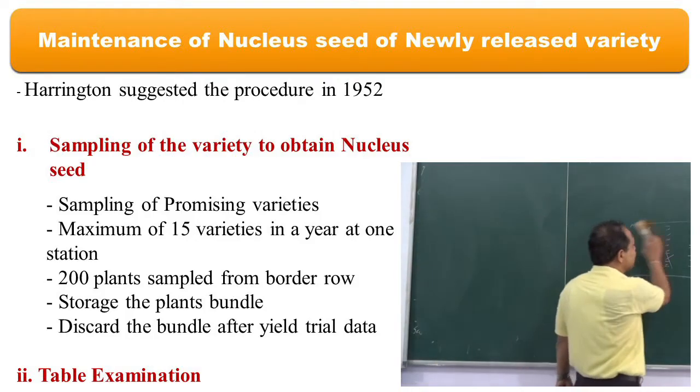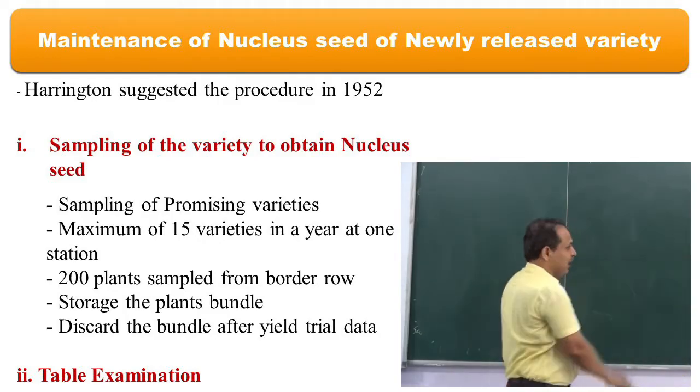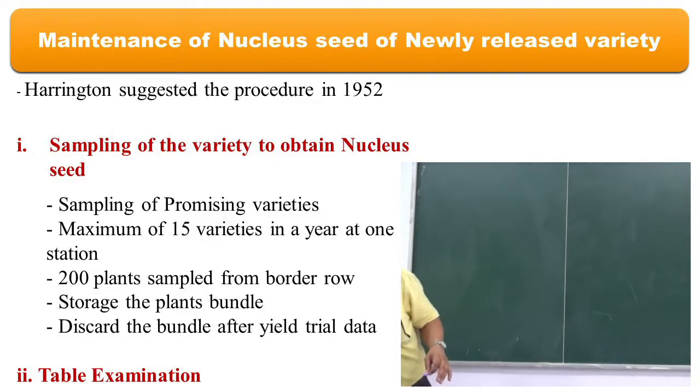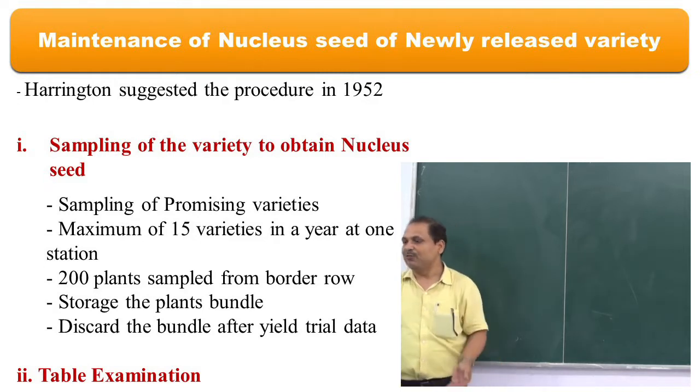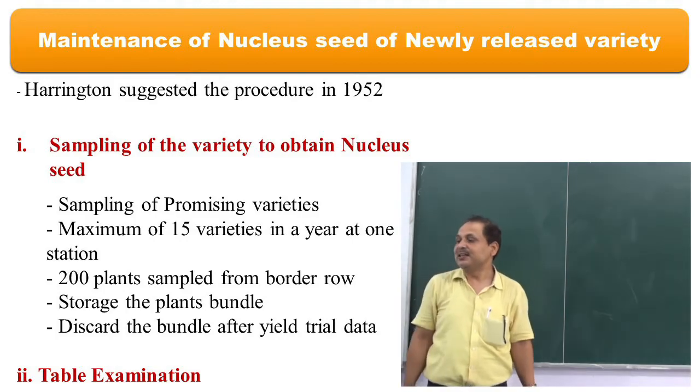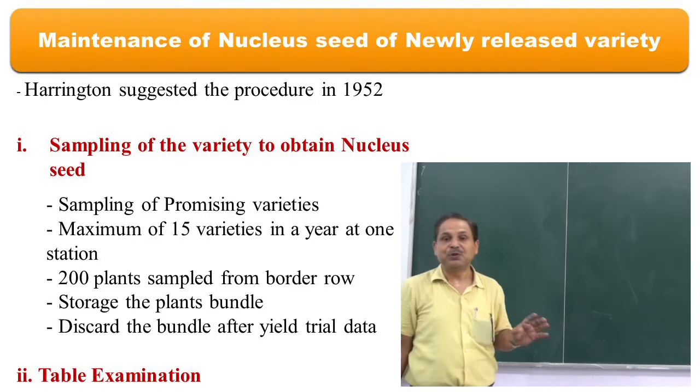So the table examination is very much essential, and after table examination the piles or the plants which are good and true to the type are carried forward for the next step, that is the locating and seeding of nucleus.